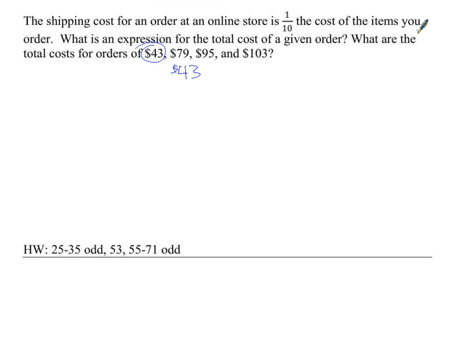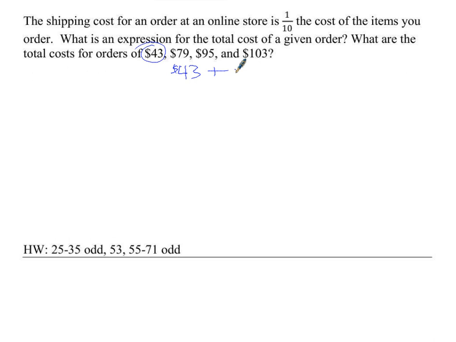Multiply by 1/10, that's right. And then what am I going to do to that number that I get? Because I got to come up with a total, and the word total means I'm going to do what? I'm going to add. So I have $43 and I'm going to add on the amount that it cost me to ship it, all right? And the shipping cost is 1/10 of the actual cost.